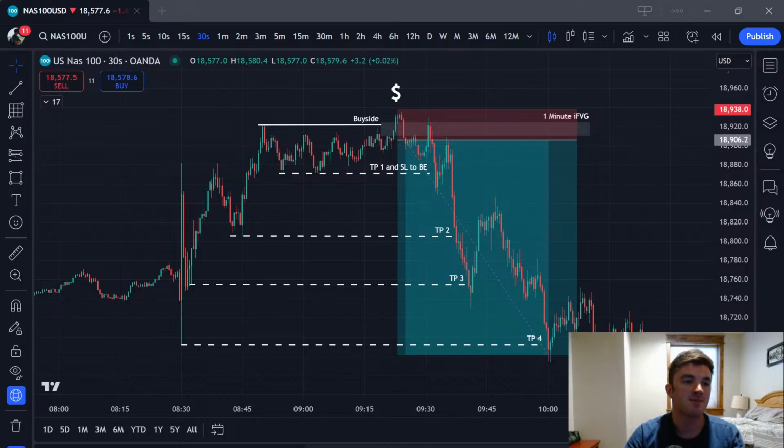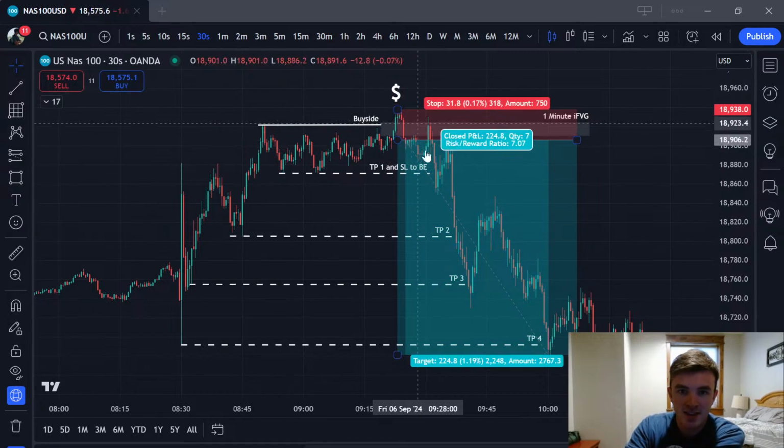But that is a nice trade right there. And we are getting better at this every single day. That's the whole point. We're just gonna keep getting better.